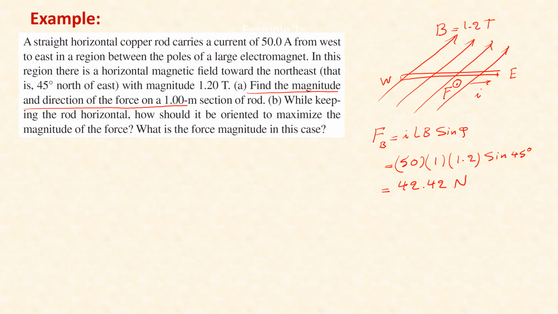All right, now it says while keeping the rod horizontal, how should it be oriented to maximize the magnitude of the force? What do you think? Turn the sine value to 1. How should we turn the wire?